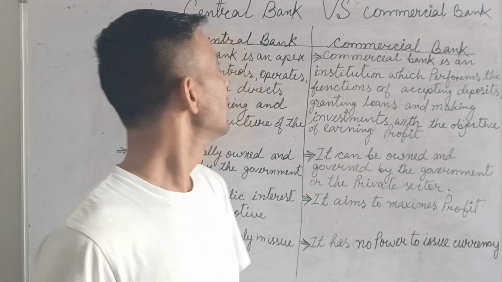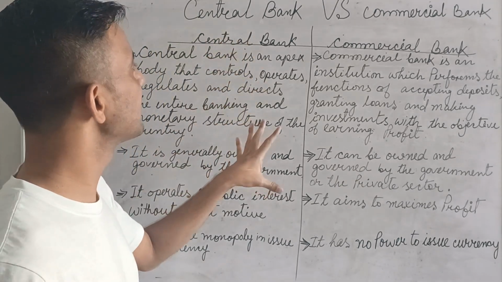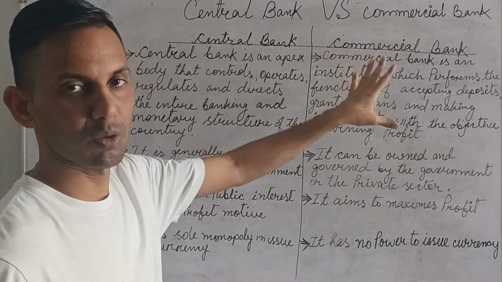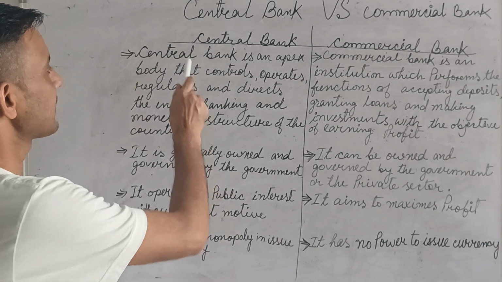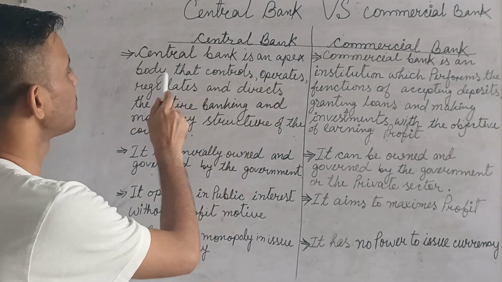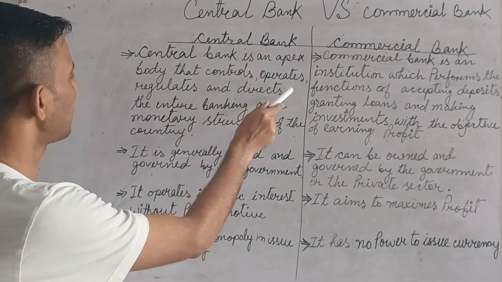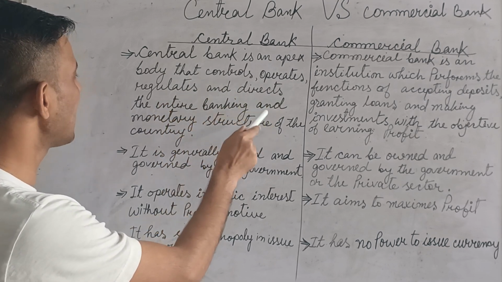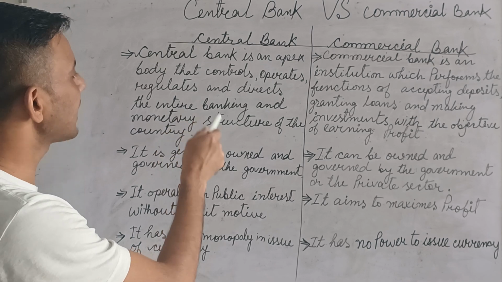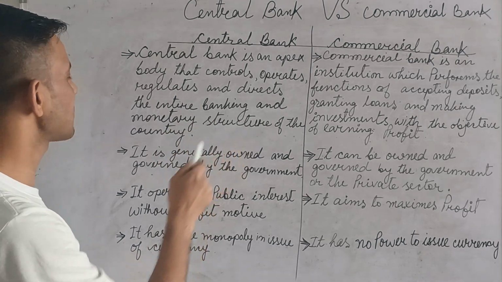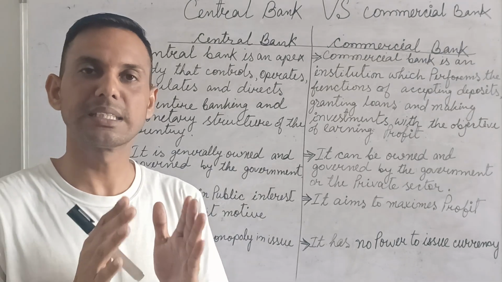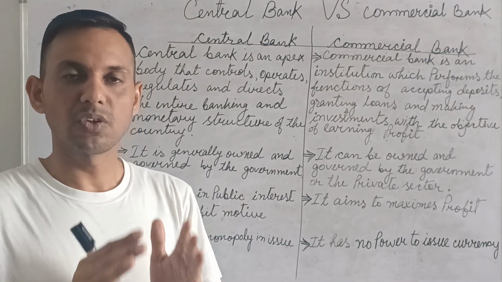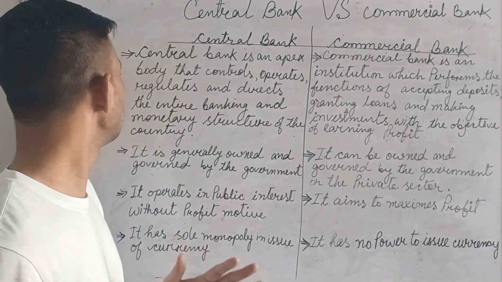Now we'll discuss the differences between the central bank and the commercial bank. The first point I have written here: the central bank is an apex body that controls, operates, regulates and directs the entire banking and monetary structure of the country. It controls everything.